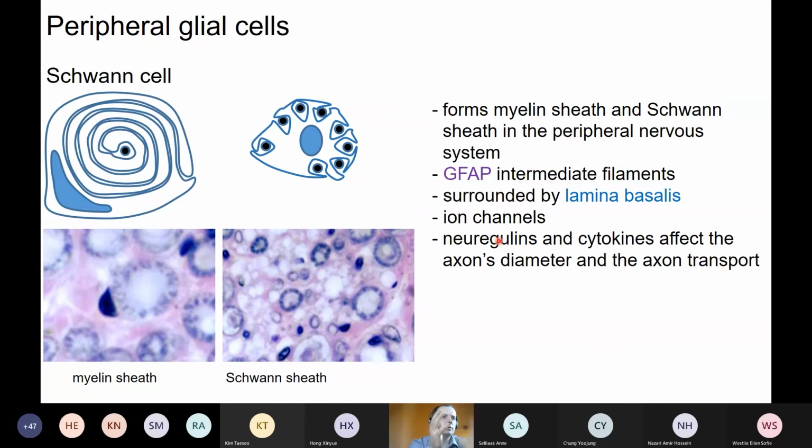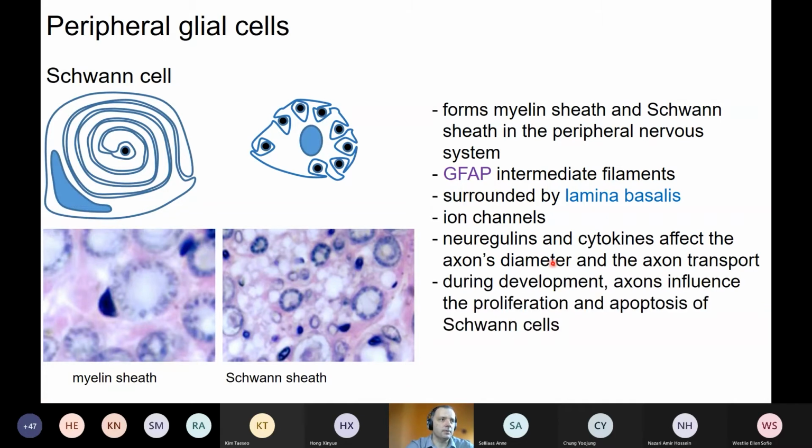So Schwann cell axon interaction exists, and the neuregulins and the cytokines are molecules which are produced in part by the Schwann cells, and they are therefore involved in the control of the axon diameter and also growth and axon transport. I mentioned when I discussed with you the regeneration of the axon in the periphery that growth factors are also produced by these cells, which will then control the regeneration as well.